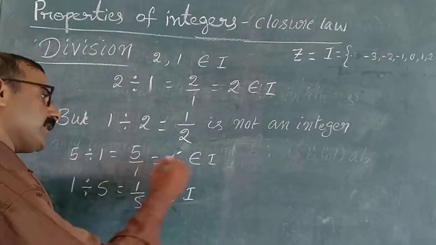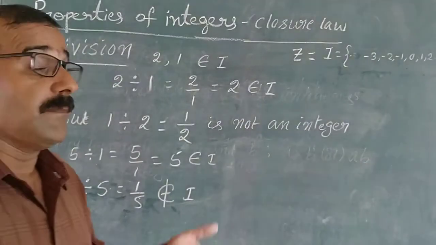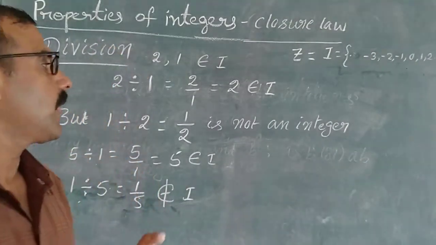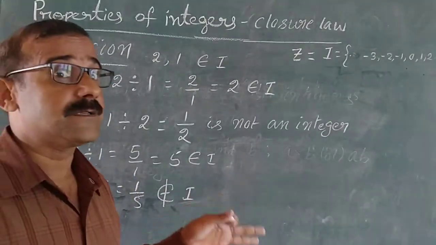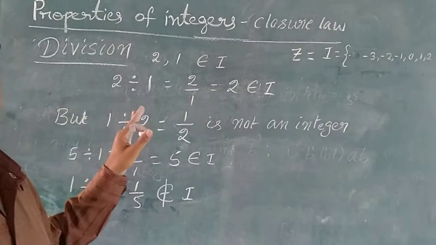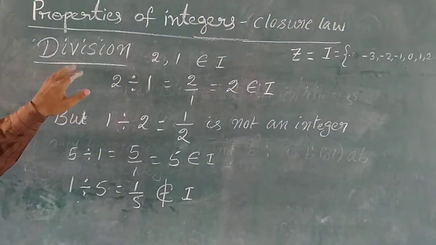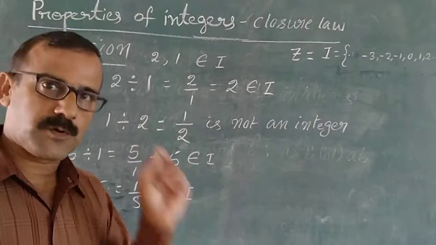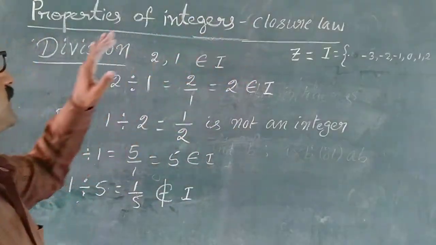So 5 divided by 1 is an integer, but 1 divided by 5 is not. Here a few cases may be possible, other cases may not be. But the rule is that the property must be possible for all cases. If even one case is not possible, the property is not satisfied.